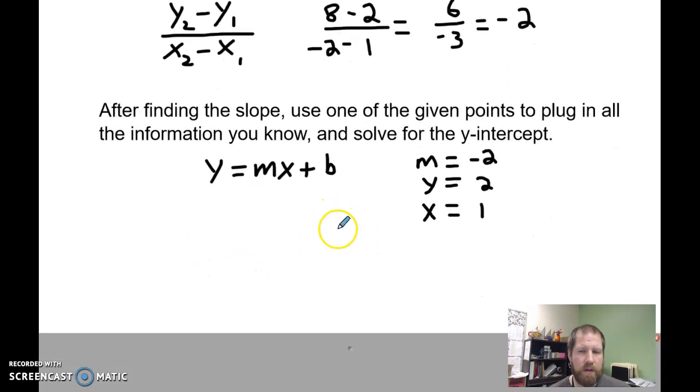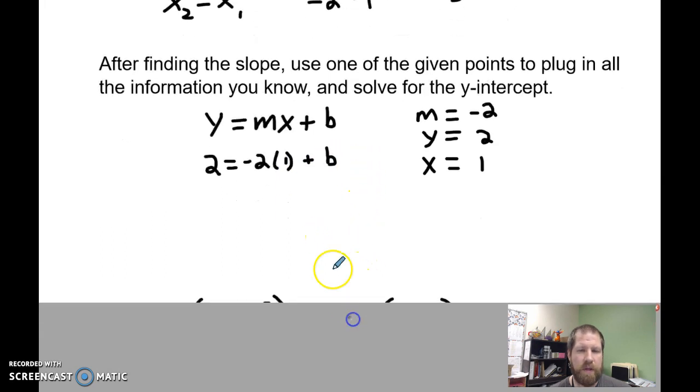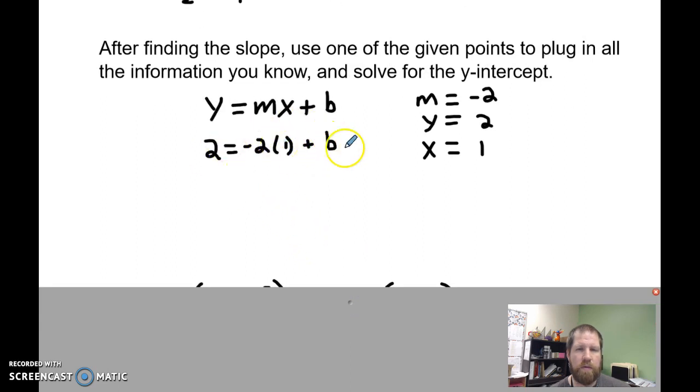So if we do that, y equals 2, and slope, or m, is a negative 2 times x, which is just 1. And that's going to be added to this y-intercept. Now I'm going to solve for my y-intercept, meaning I'm going to isolate it. Negative 2 times 1 is just negative 2.